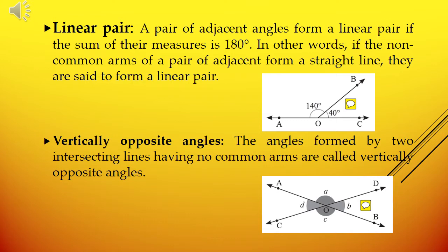You can see in the figure also there are four angles formed when the two lines are intersecting, A, B, C and D. In this you can see that angle A is opposite to angle C and angle B is opposite to angle D. These are called vertically opposite angles, and vertically opposite angles are always equal to each other.